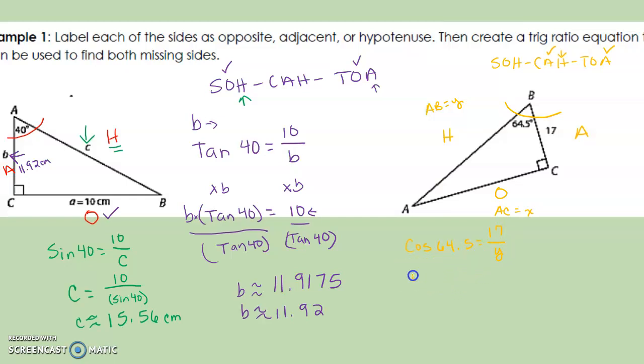Remember, when the variable is in the denominator, this is going to end up being 17 divided by cosine 64.5. Put it into the calculator, where I have 17 as my numerator, and then cosine 64.5 as my denominator. And I end up with y is approximately equal to 39.49.